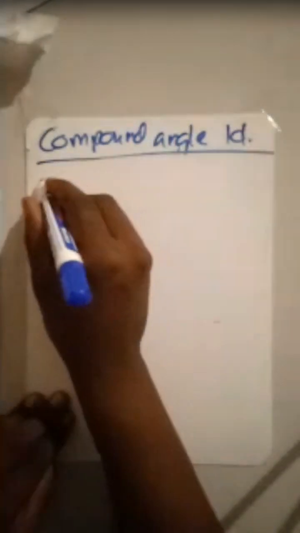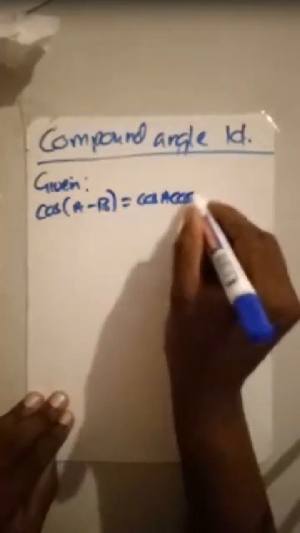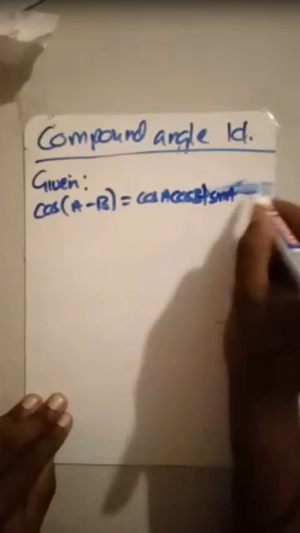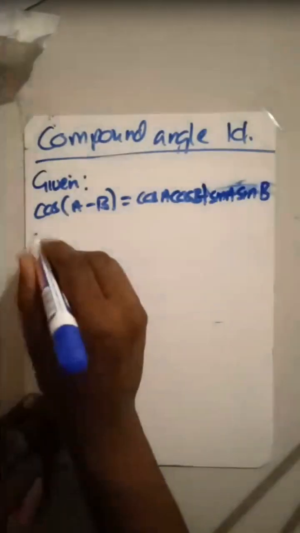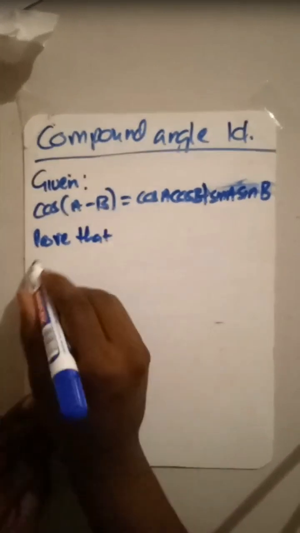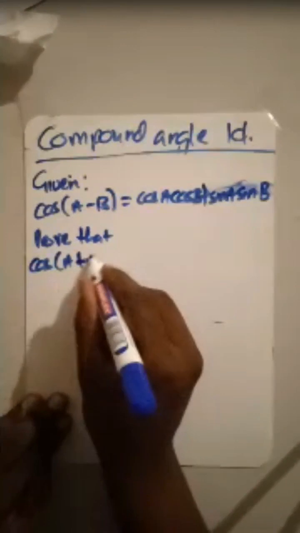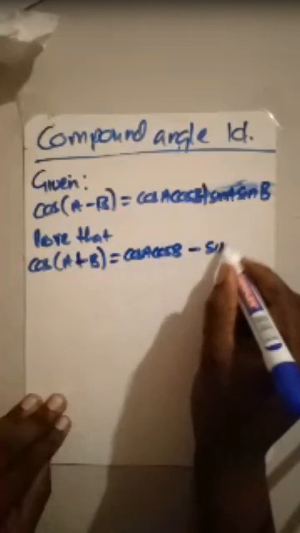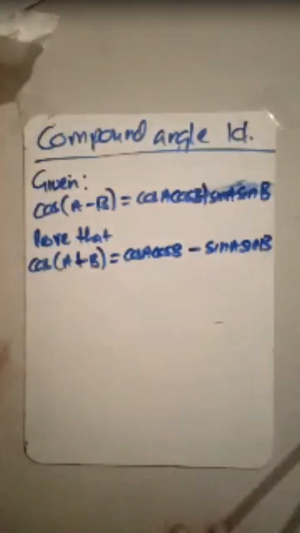Right? Here we have given cos(A minus B) is equal to cos A cos B plus sine A sine B. Prove that cos(A plus B) is equal to cos A cos B minus sine A sine B. So the proof comes like this.